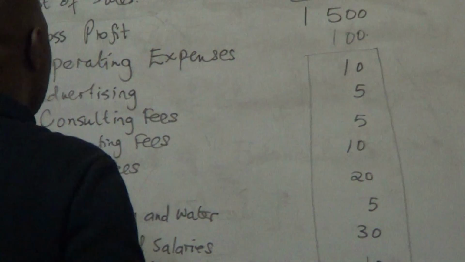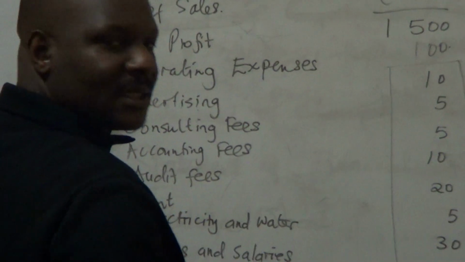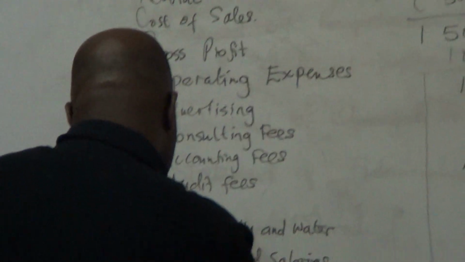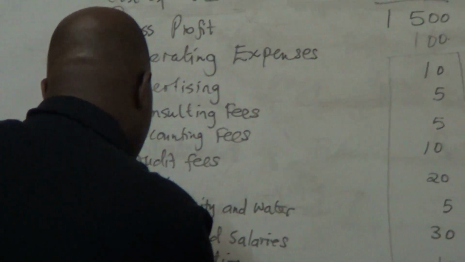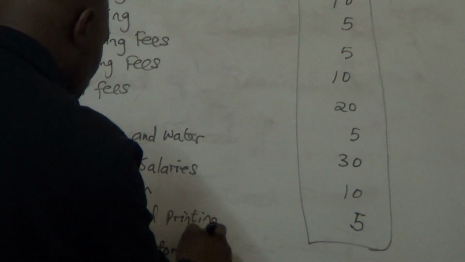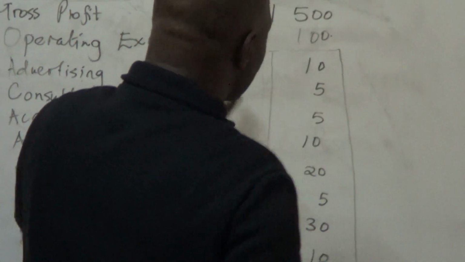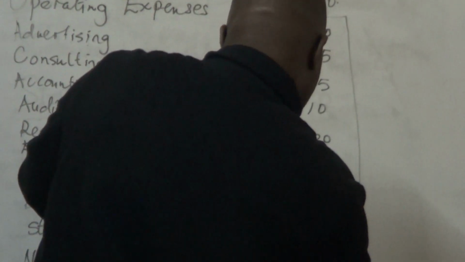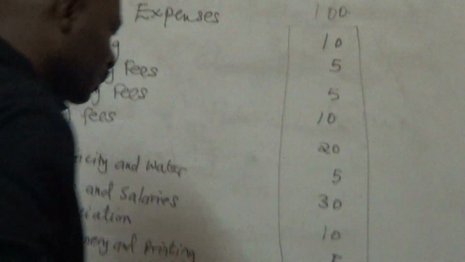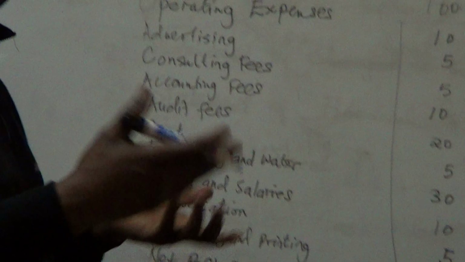Right? We deduct operating expenses from our gross profit, and we are going to get our net profit before tax. So that's 1.5 million minus 100 gives us 1.4 million, right? But a business that makes a profit has to pay income tax.